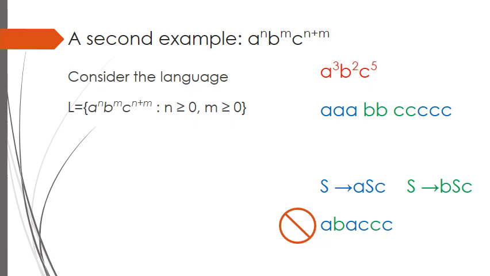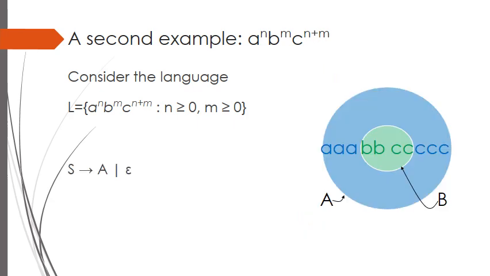If the rules are written without proper planning, some incorrect words may be produced. Here, we must start to write our algorithm first. Since the definition of the language starts with the symbol a, we must first model the symbols a and c attached to it. So we think of the language as outer layer and inner layer.